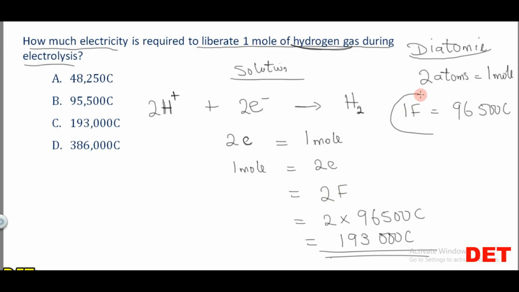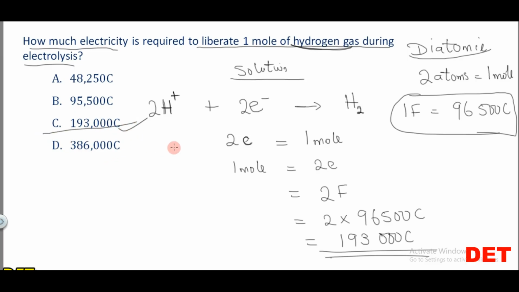And the value for 1 Faraday is equal to 96,500 coulomb. So 2 Faraday will be equal to 2 times 96,500 coulomb, and that will give us 193,000 coulomb. So the correct answer to this question is option C, 193,000 coulomb.